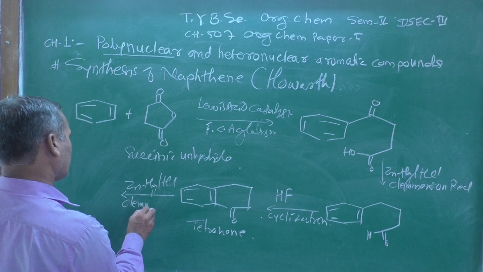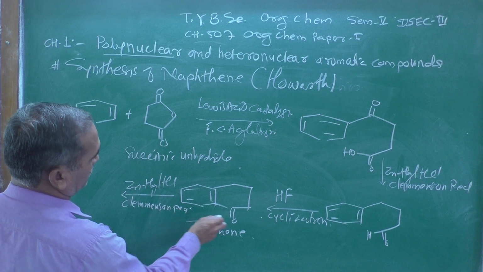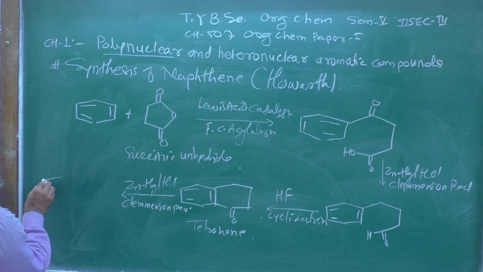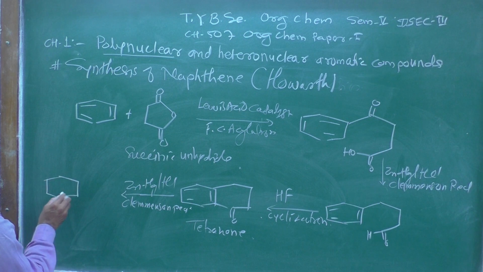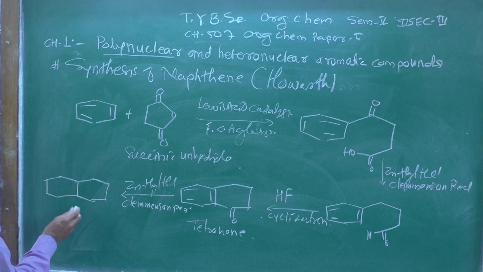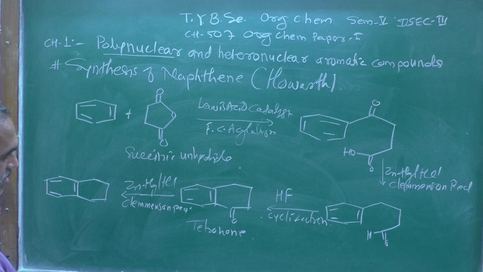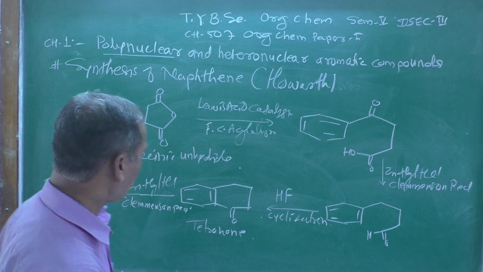Once again Clemmensen reduction, this carbonyl group gets further converted into this one. So we got this compound, that is a tetralin.